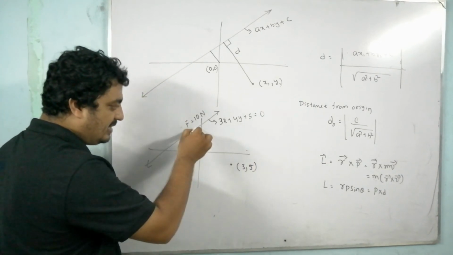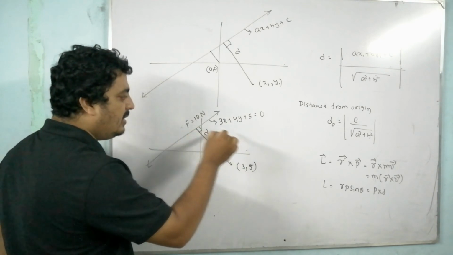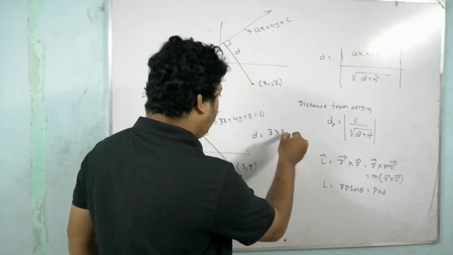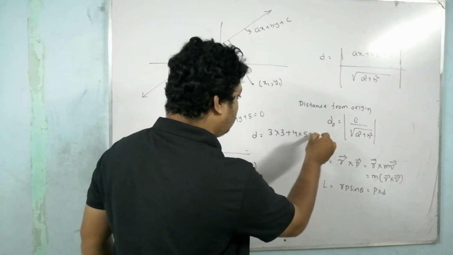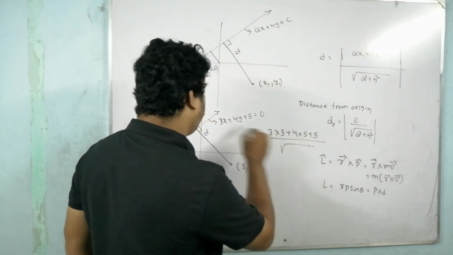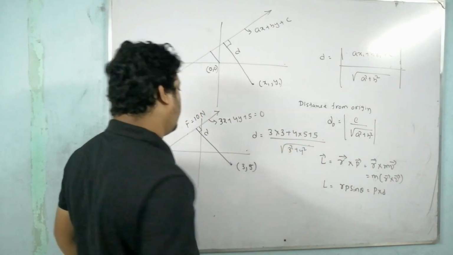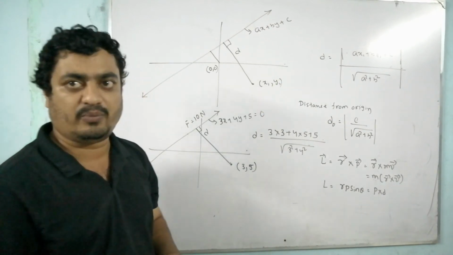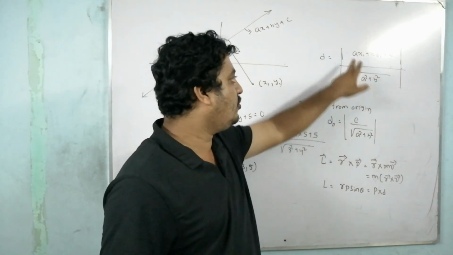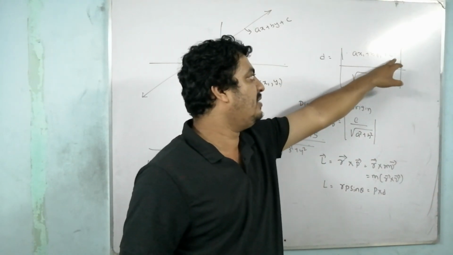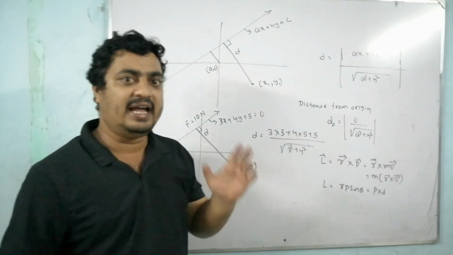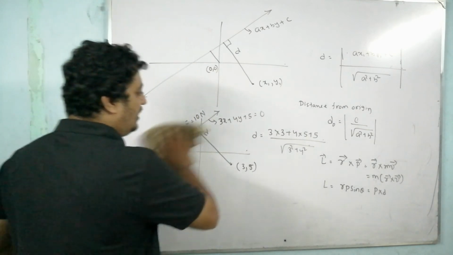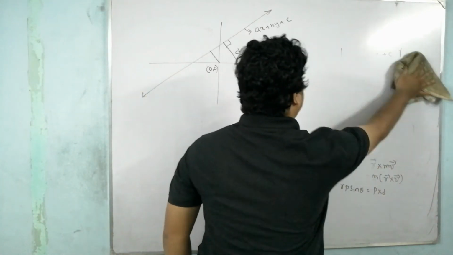How will you calculate? You have to measure d. Now here d will be 3 into 3 plus 4 into 5 plus 5 divided by root over 3 square plus 4 square. Now F is given as 10 Newton. You can calculate d, so just put the formula. What is the formula? D equals mod of ax1 plus by1 plus c divided by root over a square plus b square. So next we will go for some other physical quantities.